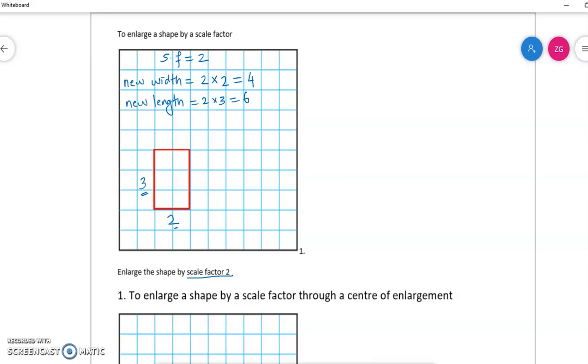Let's draw the image here. The width is 4, so 1, 2, 3, 4, and the length is 6: 1, 2, 3, 4, 5 and 6.